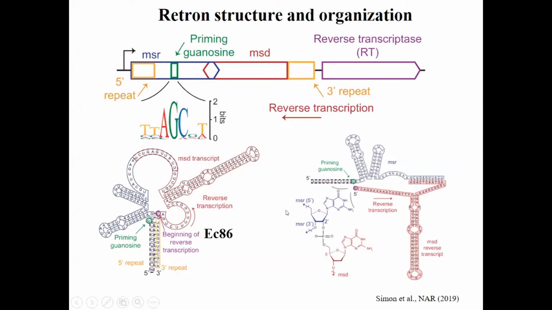The final mature retron product, msDNA, consists of a hybrid DNA-RNA in which the DNA molecule is covalently bound to the priming guanosine via a 2'-5' linkage. All these components, together with an effector gene, are essential for defense against viruses.